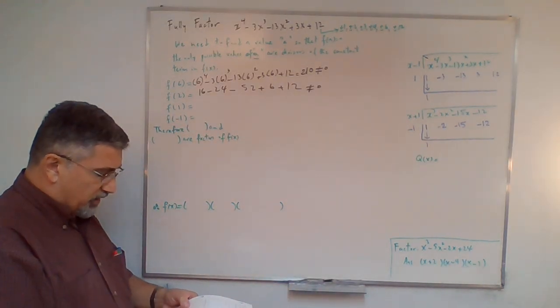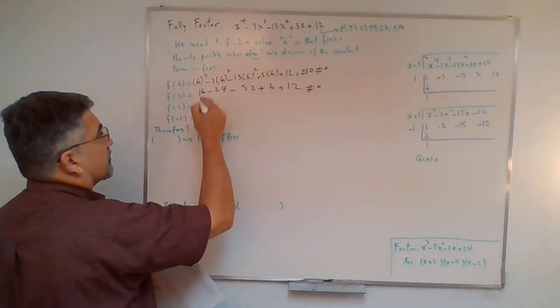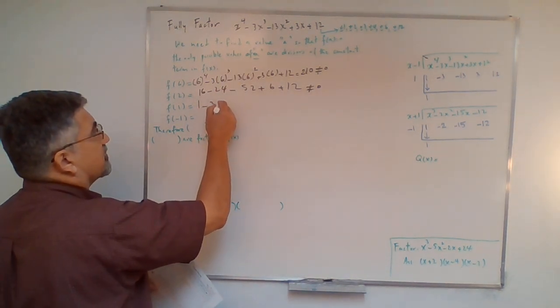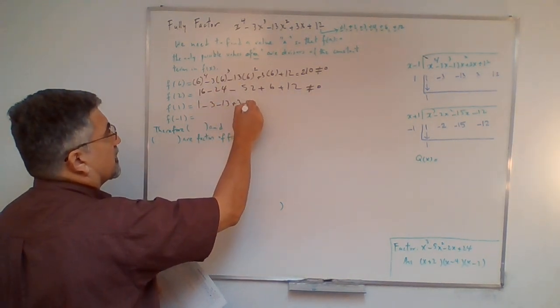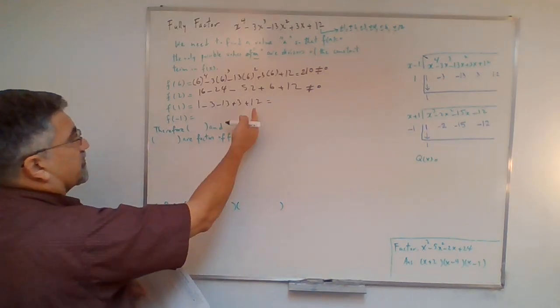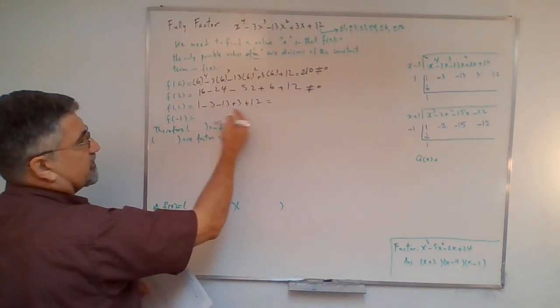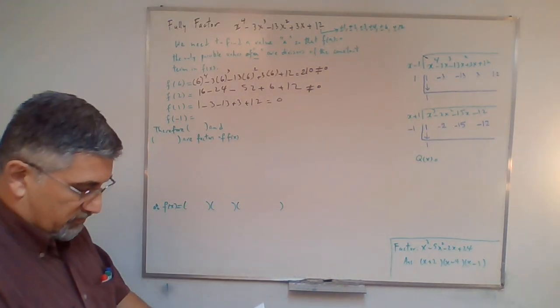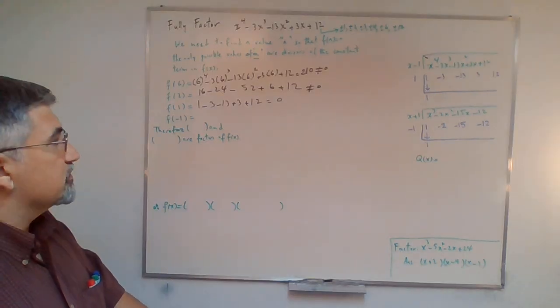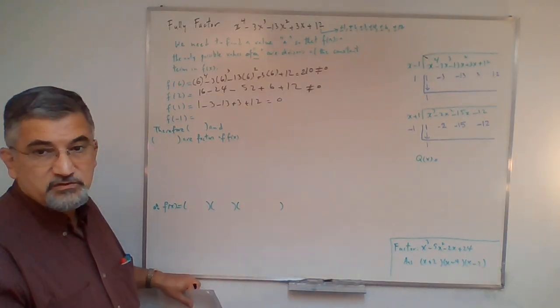So when you plug in 1 for x, we get 1 minus 3 minus 13. And sure enough, this time we have 15 and negative 15. That is actually a 0. So the moment you get the 0, you can use the factor theorem.